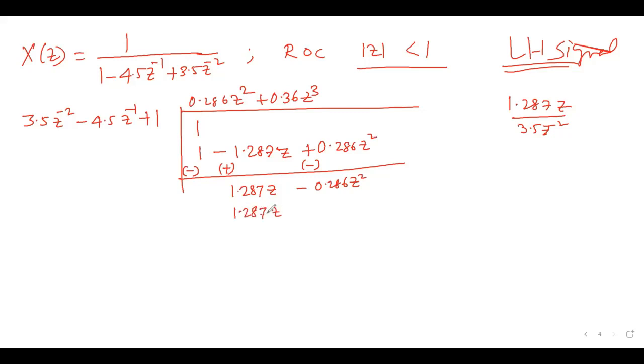Now 4.5 into 0.368 gives 1.656 z square, and this is plus 0.368 z cube.